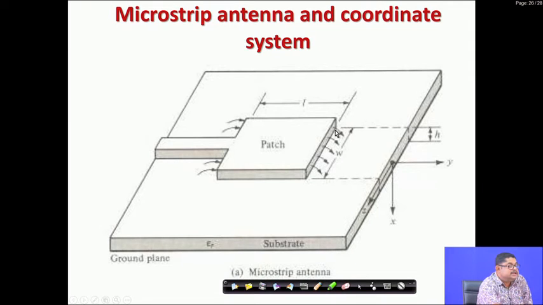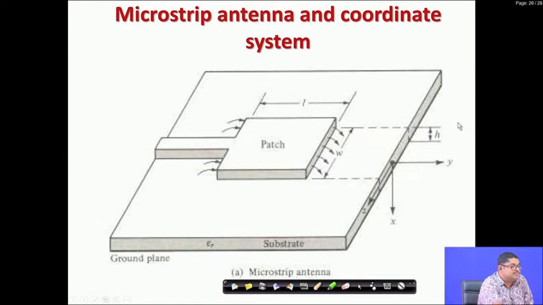Since this slot is very small, we can assume a uniform field here, here also a uniform field, and you see the field lines are shown. So, it is seen that they are 180 degrees out of phase. We will find the field for one element, that procedure we have seen today, then we will simply multiply that with the array factor for these 2 elements. So, that is the analysis.